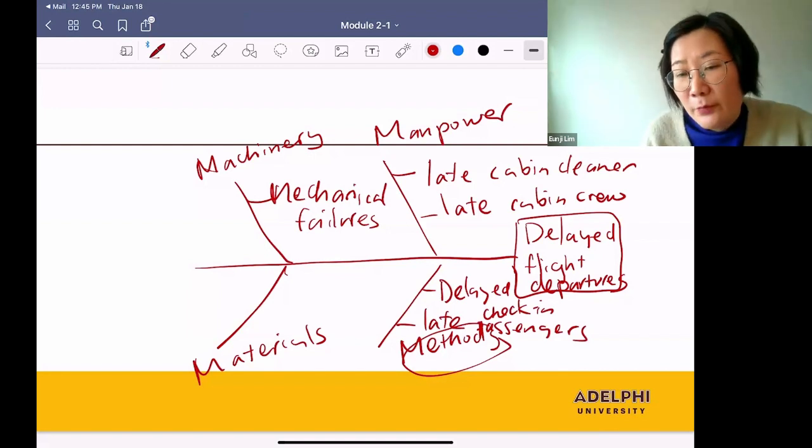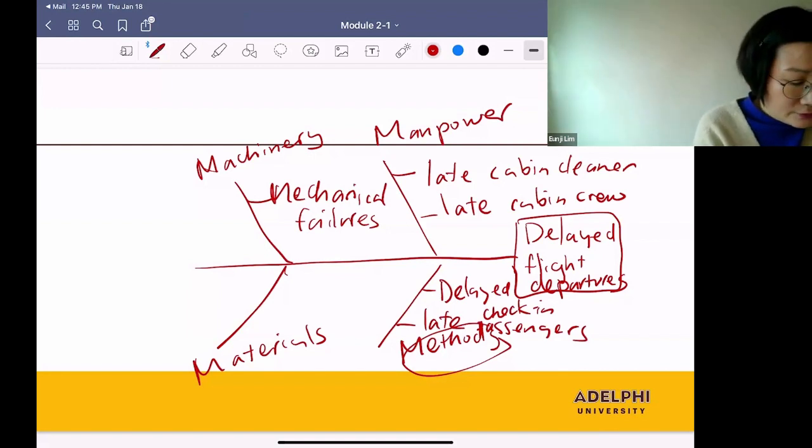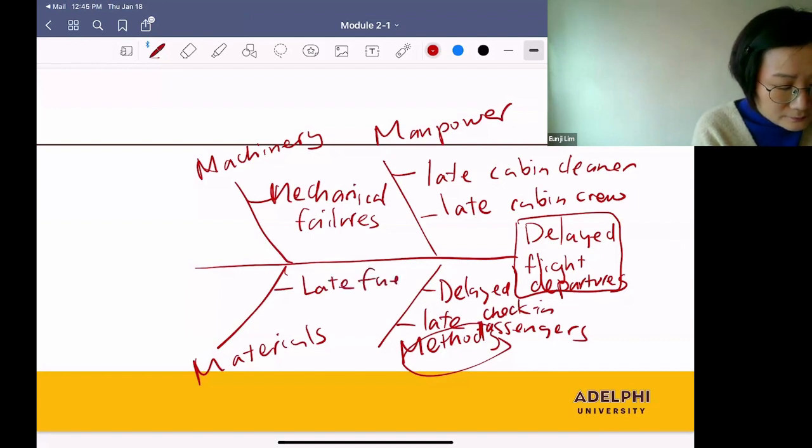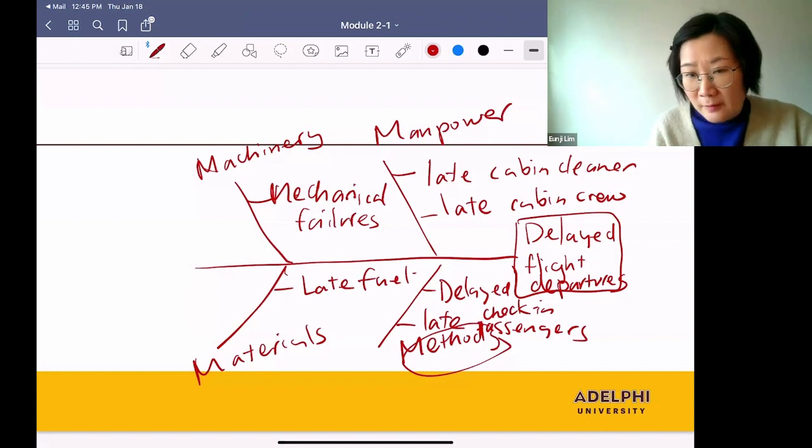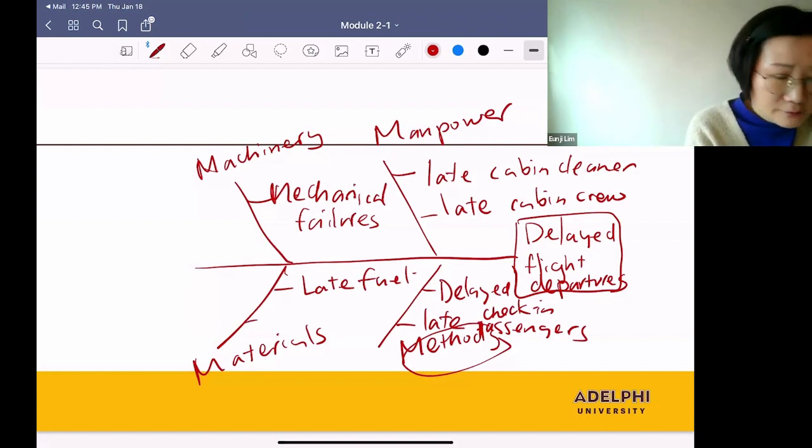Or is the fuel being late? Late fuel. Where does it belong? Material. Now, is the food service being late? Late food services, it belongs to materials. Late food service.